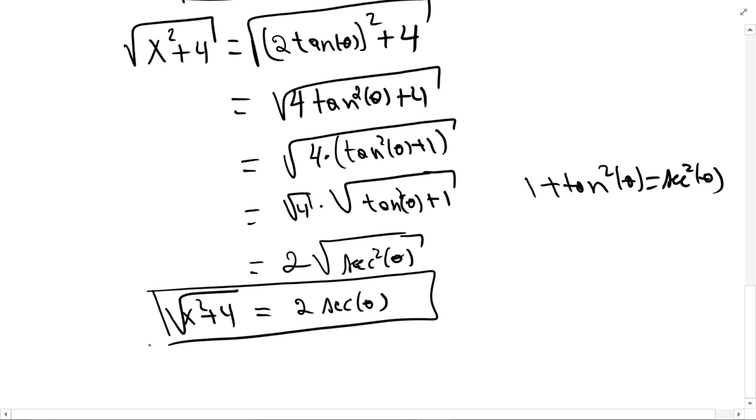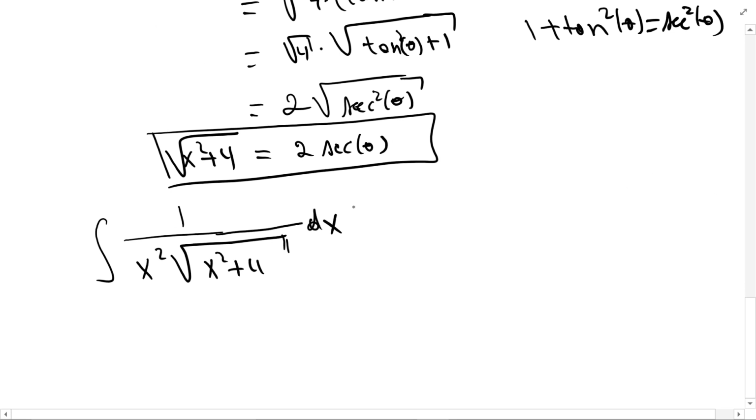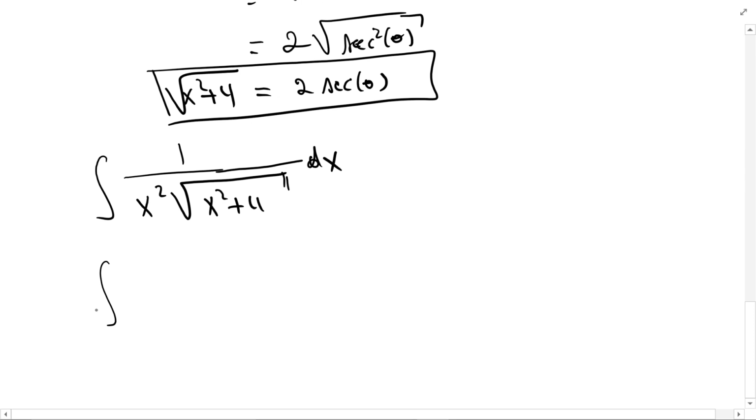Now let's go back to the integral, which is the integral of 1 over x squared times the square root of x squared plus 4 dx. Let's do the substitution.